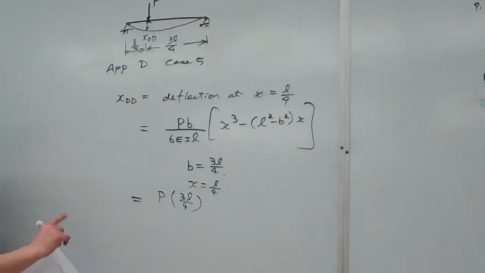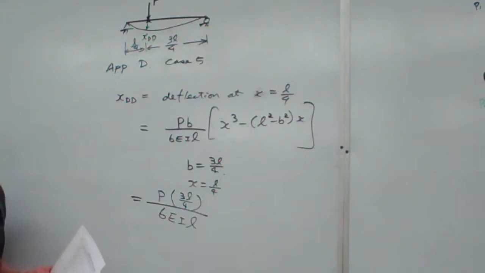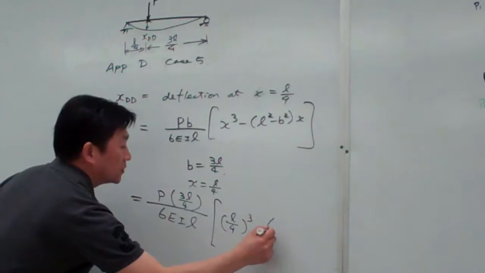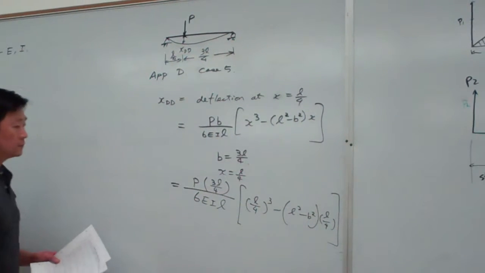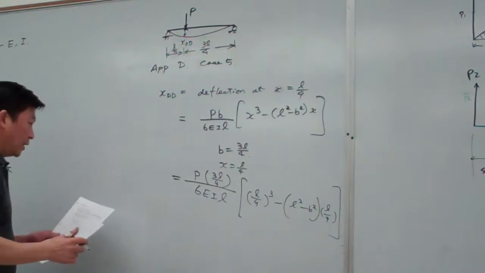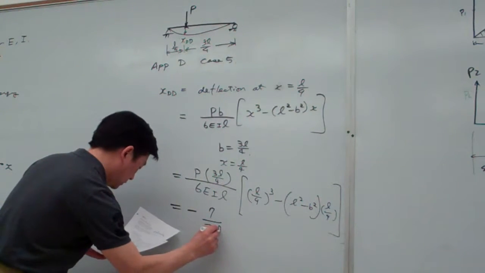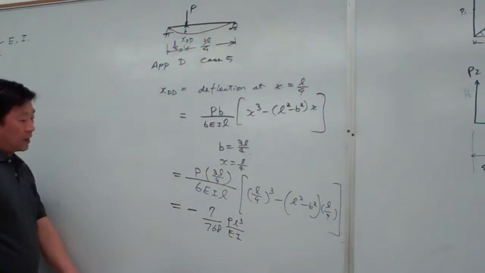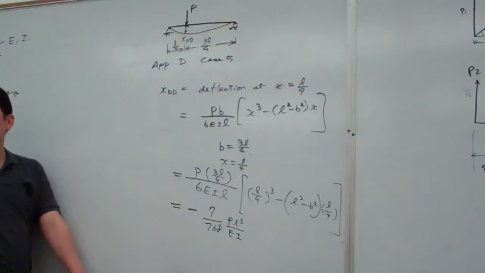For the first time, I will try to implement everything in detail, but later on I will directly copy my answers. Okay. So for this case, that is L over 4 cubed minus L squared minus B squared, and L over 4. And this number will give us minus 768 and PLQ EI. Here we completed it with a minus, but we only focus on the magnitude.